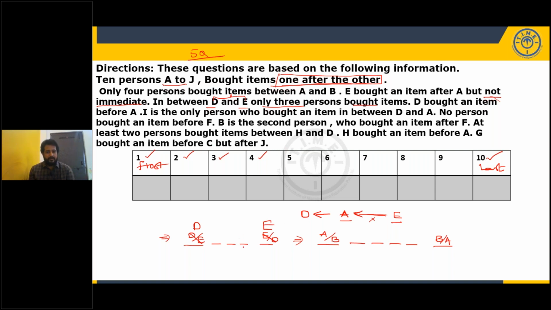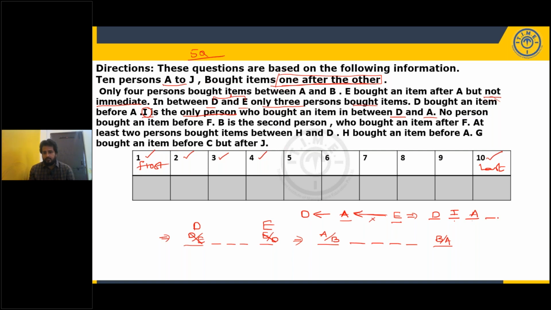Next. So between D and E, how many are there? 3. Now what else is given? I is the only person who bought an item in between D and A. So what they are trying to say, between D and A, there is only one person, and that person is whom? I. So what I can say? D, one person, and it is A, and that one person is I. And between D and E, how many? 3 gaps.